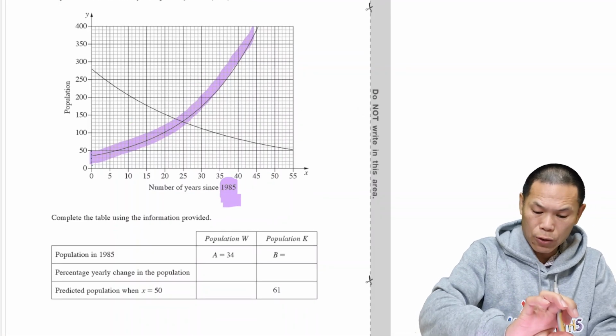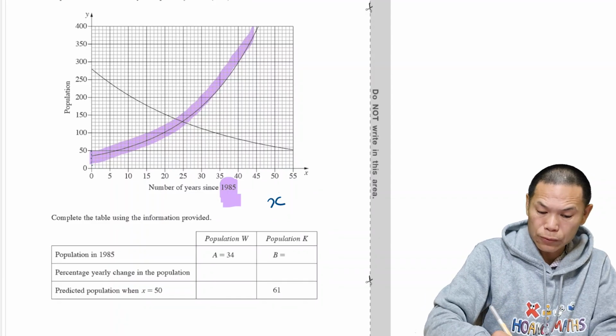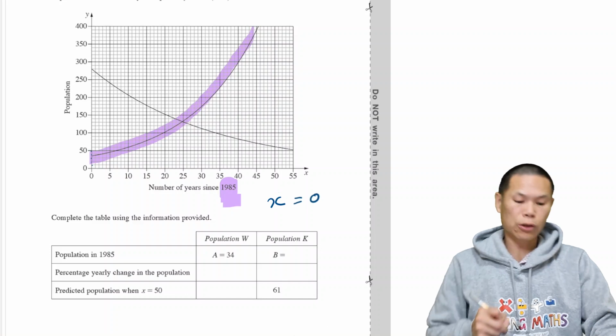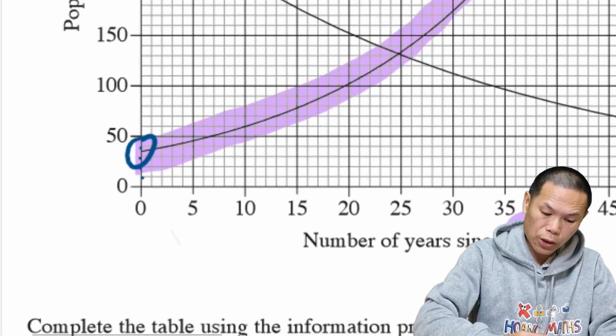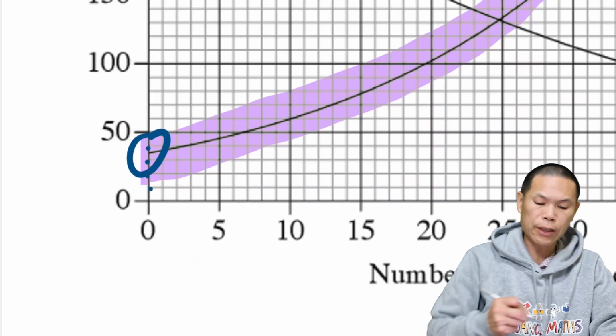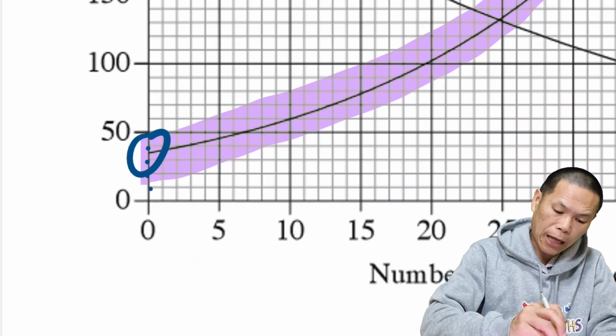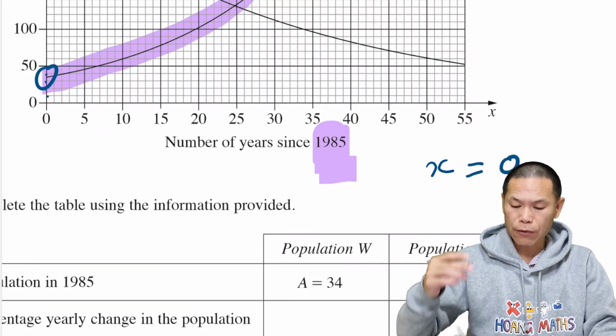So we can have a look. A is 34 when X is 0 initially. So that means here. Let's have a look. So it goes up by 10, 20, 30, 40, 50. Go up by 10. This is hard to read. The answer is 34. So it's completed for us.